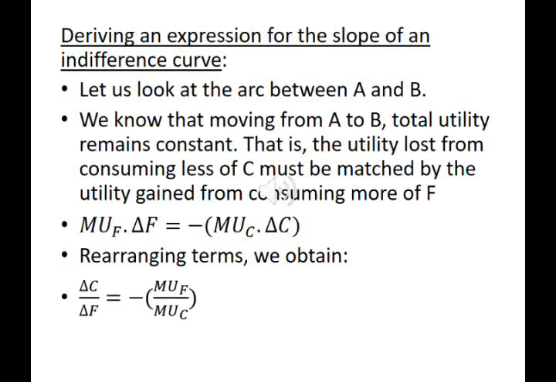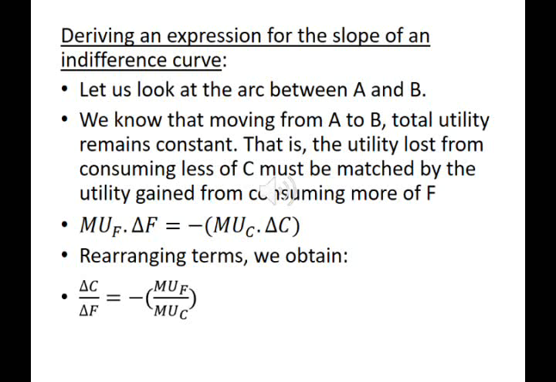How can we write this? The utility gained from consuming more of F will be marginal utility of F multiplied by the change in the amount consumed of food. This should be equal to the utility lost from consuming less of C, which is marginal utility of C times delta C, and this is a loss, so it is preceded by a negative sign. They should be equal. Why? Because we are staying on the same indifference curve.